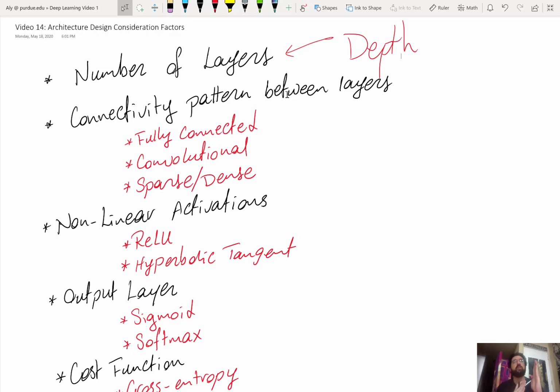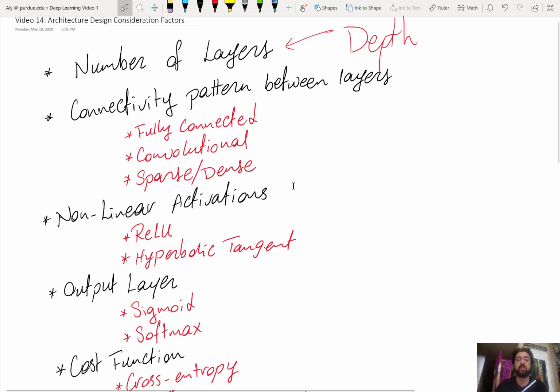A bipartite graph is a graph where vertices in one set can only be connected to vertices in the other set, right? There is a lot that is understood about properties of different bipartite graphs, but unfortunately that knowledge hasn't transferred yet into understanding the impact of the different connectivity on learning. But we can use some of the known properties of graphs to sometimes explain the intuition behind different layer designs.